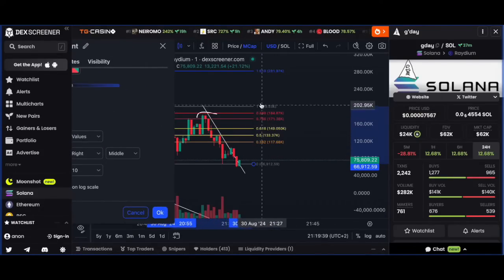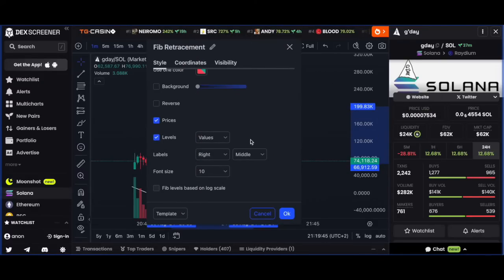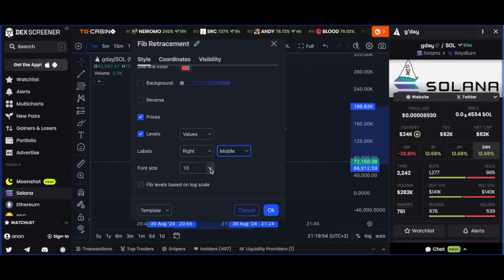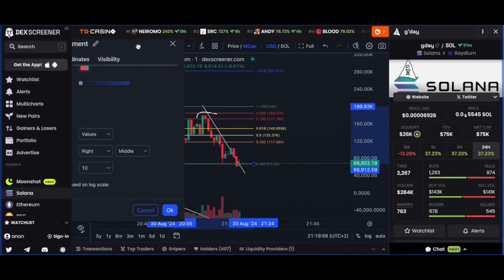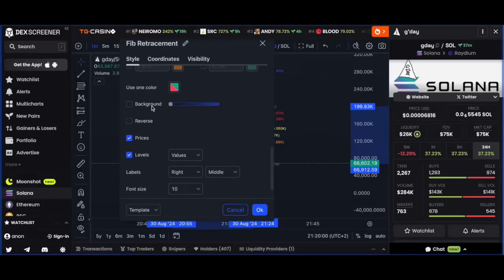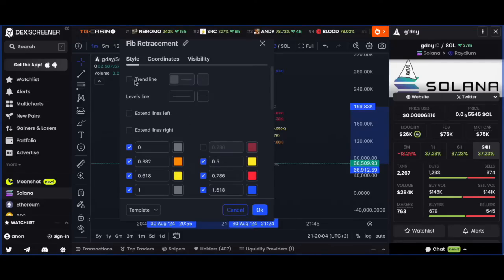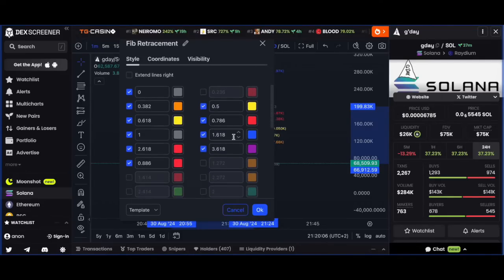As you can see, price is on the right because price hasn't gone there, so price action isn't going to go over the numbers. It's easier to read. I like to make it on the middle. You can put it above the top or the bottom, but again, it's just easier to read when it's left to right like that. And then lastly, I drop it all the way to the lowest font size, because that way it's super easy to see on the screen and it's not taking up a lot of space. And then the last one is I turn trend line off. I turn that trend line off up the top as well. So those are my settings.